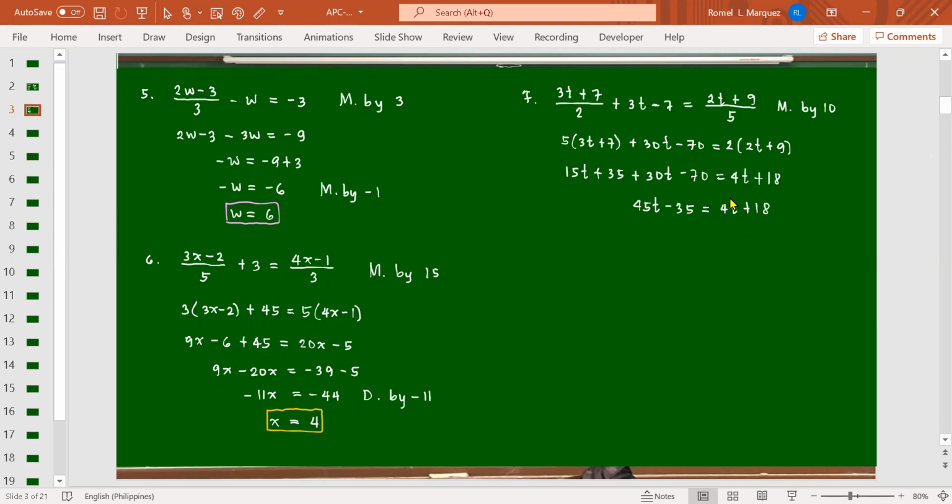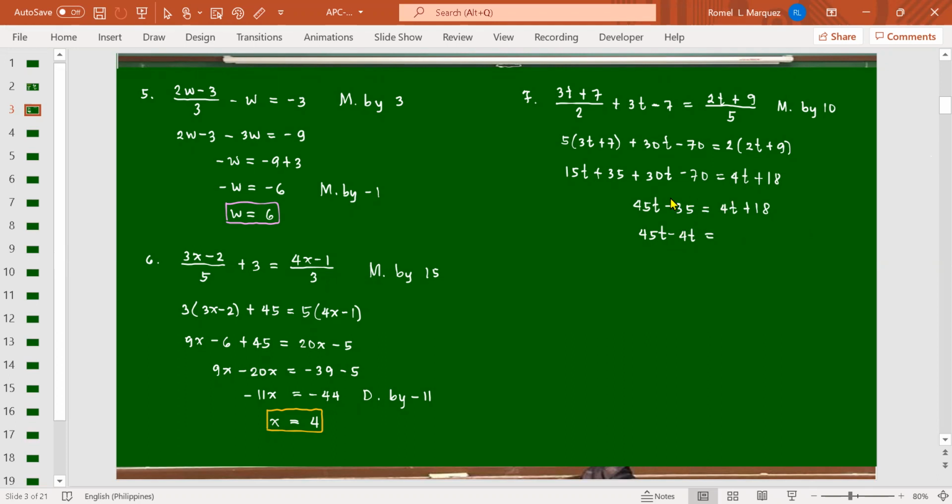So to get rid of this 40, so that no variable involved on the right side, we have to add negative 40 on each side, getting 45t minus 40. So no more 40 on the right side.